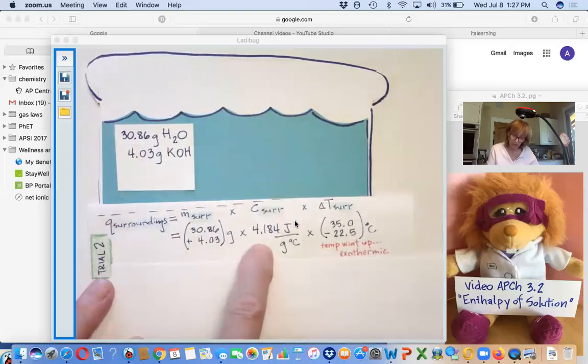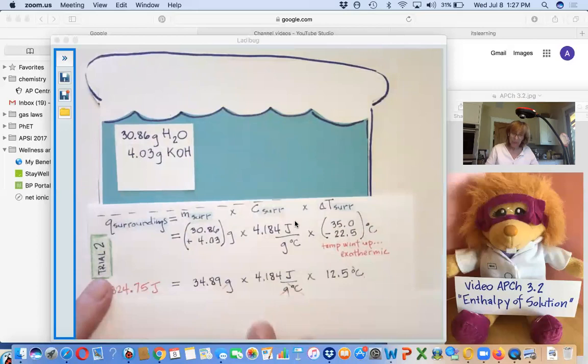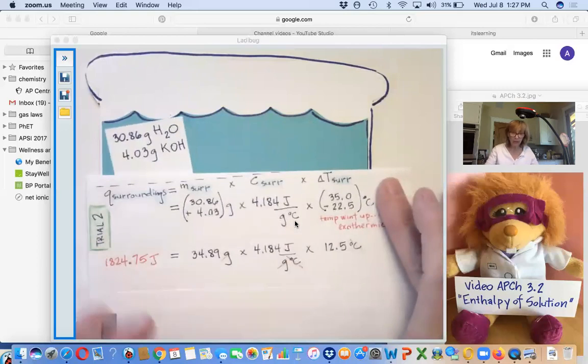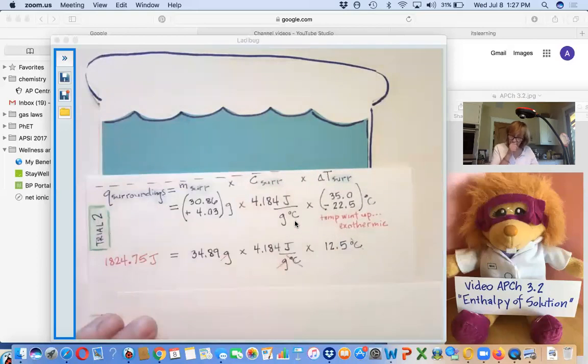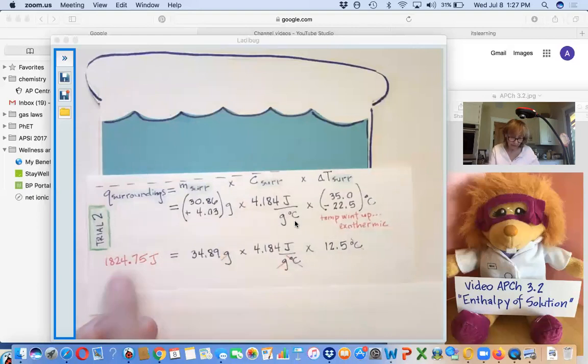Here's my specific heat capacity constant and my temperature change. Here are the values I'm going to plug in. And this time, with that larger amount of potassium hydroxide, the heat energy that was observed has in fact increased.